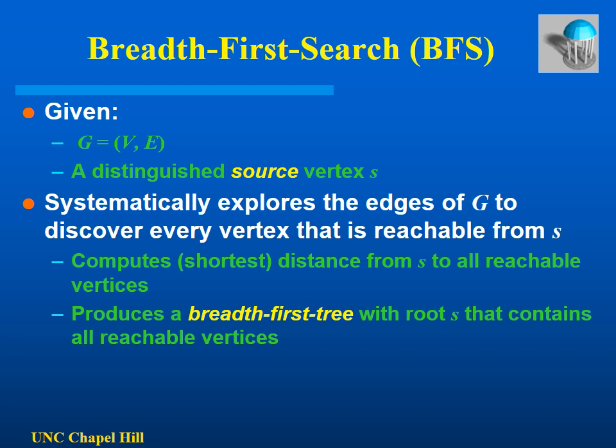Breadth-first search systematically explores the edges. It discovers every vertex reachable from S, and as it does, it computes the shortest distance. It also yields the paths with root S that are all these shortest paths.